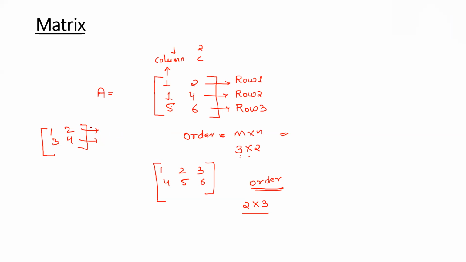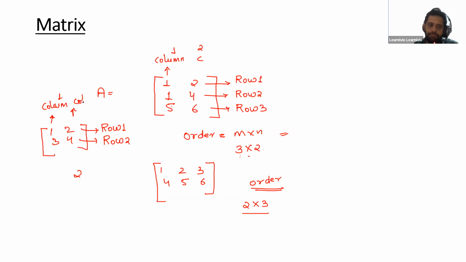Okay, Abdul. This is the first row, row 1, and this is the second row, row 2. So the number of rows is 2. Next, columns. This is column 1, and this is column 2. So we have 2 rows and 2 columns. So Abdul, we will say that the order of this matrix is 2 by 2. This is clear, Abdul?